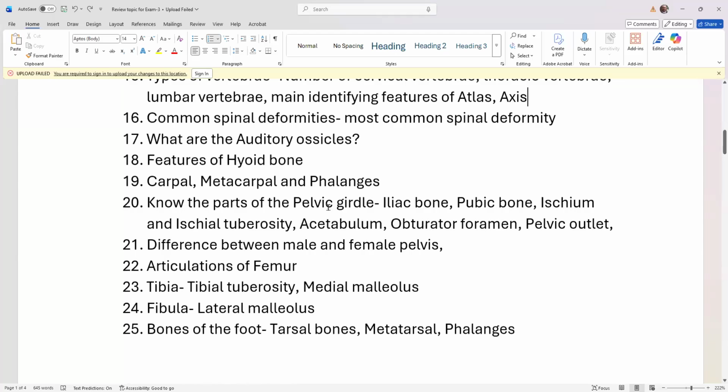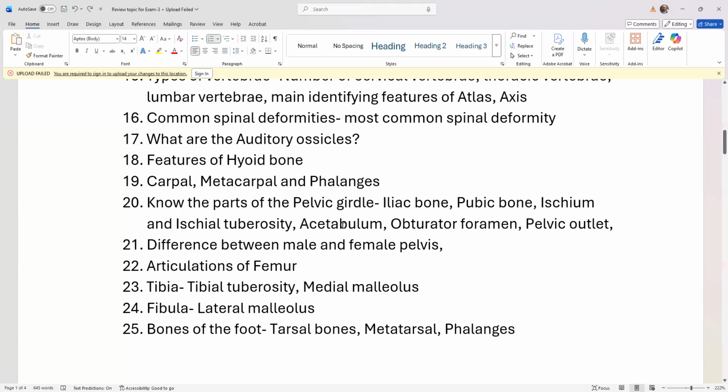You should know the parts of the pelvic girdle, which is the iliac bone, pubic bone, ischium, and ischial tuberosity. You should know the various features of the pelvic bone or the hip bone, which is the acetabulum.